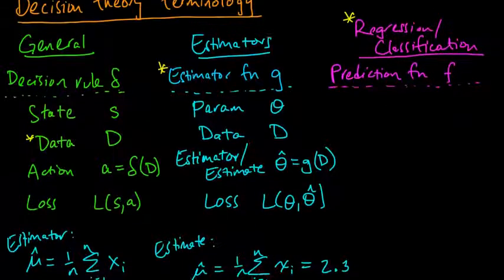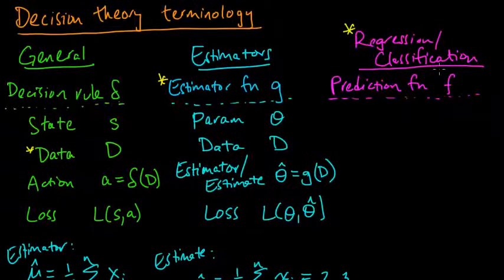Okay, so what are the corresponding concepts for regression and classification? This is a little more non-standard, but all the math works and it all applies. In this case, we chose our prediction function using the data. So the prior knowledge that we had ahead of time to choose this f was the data that we were talking about down here. So the data plays a little bit of a different role in this column.